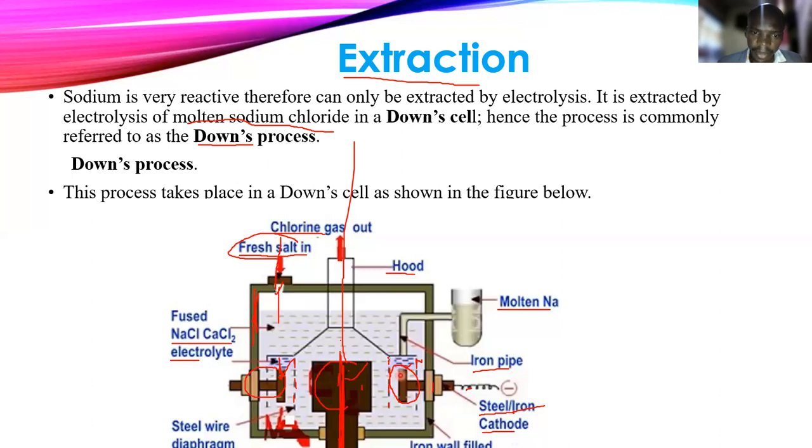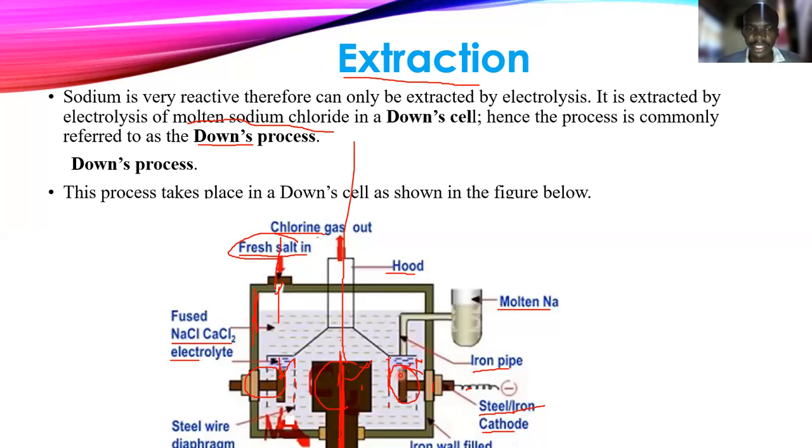So the main function of this is to prevent the recombination of the chloride ion and sodium ion, because if they recombine again, they will form sodium chloride, not the sodium that we want. So take note of that.